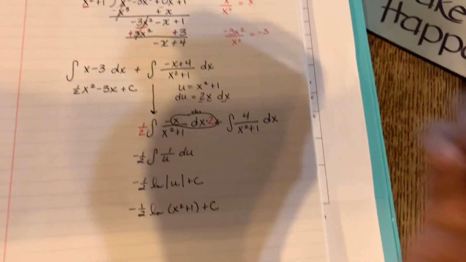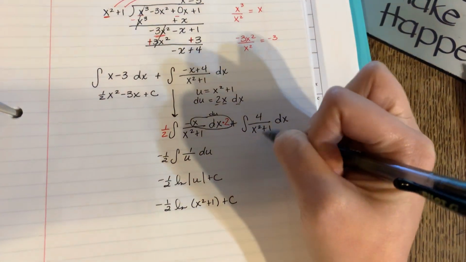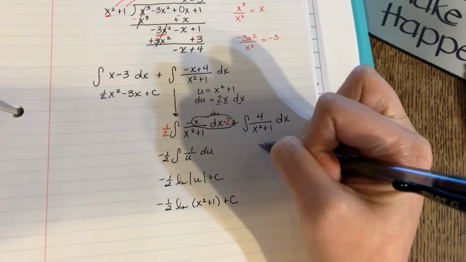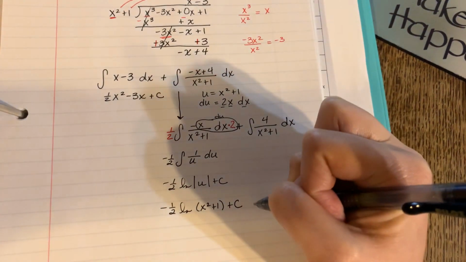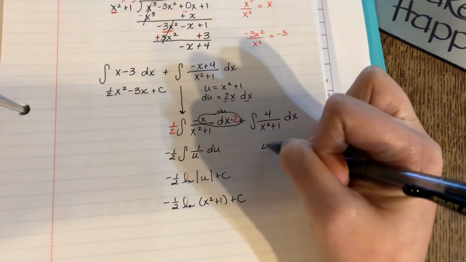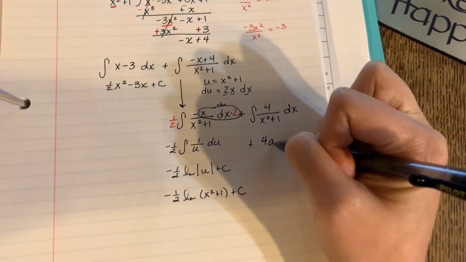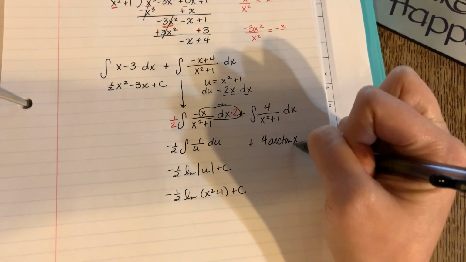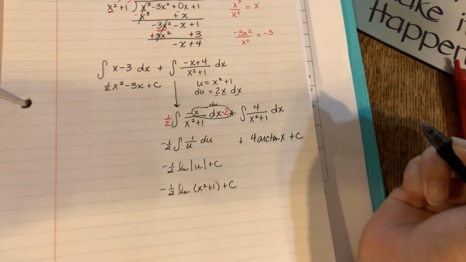See? u squared plus 1. It's arctangent of u. I mean, you don't need a u for this one. u is x. But this is just 4 arctangent of x plus c.